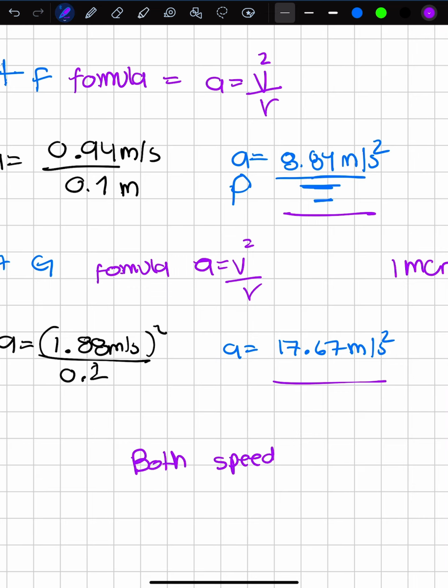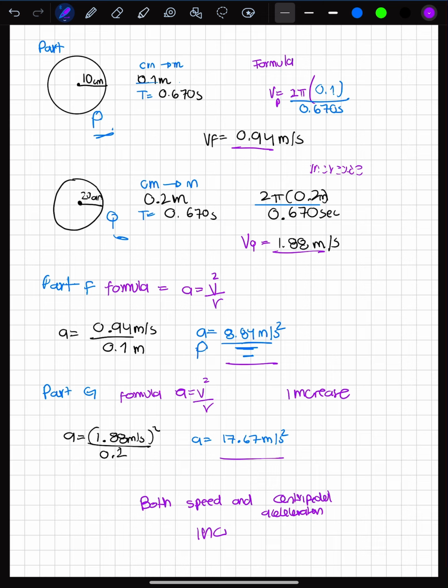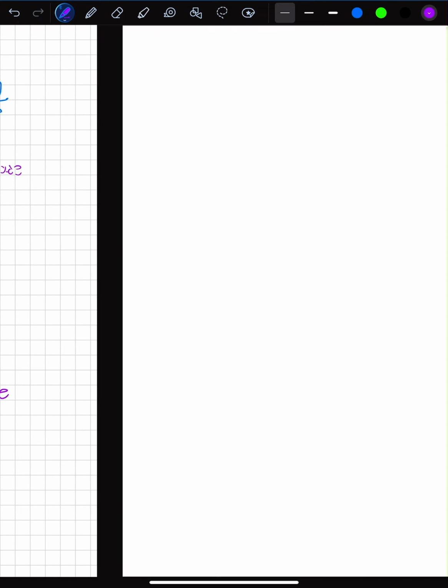Both speed and centripetal acceleration increase. They went up. Okay. Now for our next question, it's going to be part I. What does it say? Let me write it down right here.